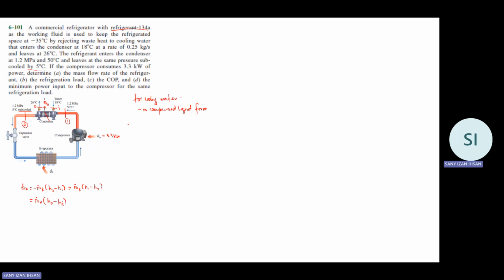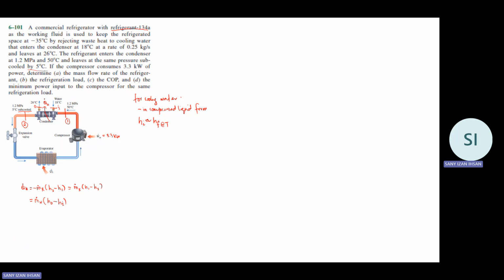So you can use an approximation. Remember, for compressed liquid, the property can be estimated to be around the saturated liquid at the temperature.